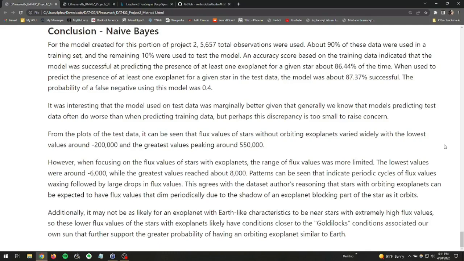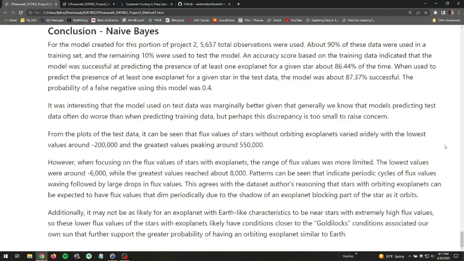We could see from the plots of the test data that the flux values of stars without exoplanets varied very widely with great peaks and great valleys. But when we look at the flux values of stars with exoplanets, the range is much more limited. And patterns could be seen that would indicate periodic cycles of flux values where they wax and then wane.